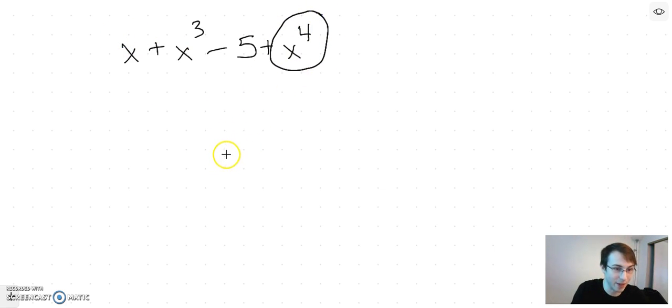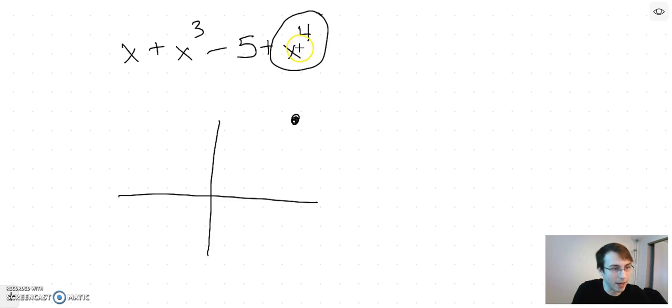When we plug in 10 for x, this comes out to a big positive number, so we're somewhere up here. When we plug in a negative number, to the 4th power it still comes out positive, so we're still somewhere out here. How do we get the number of turnaround points in the graph? Well, that's one less than the degree. So 1, 2, 3. So maybe it looks something like that.